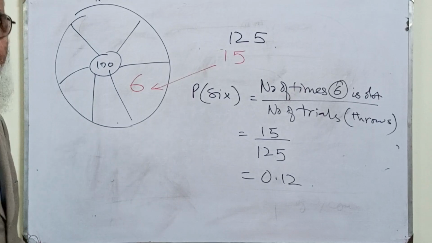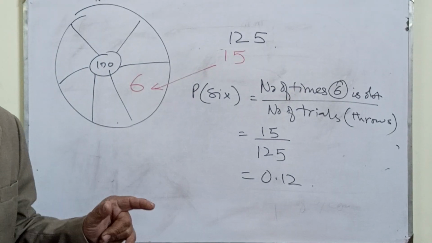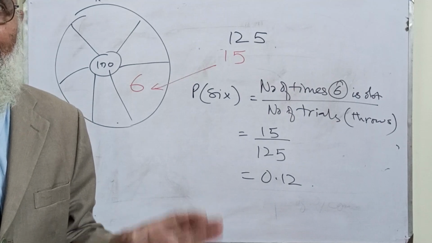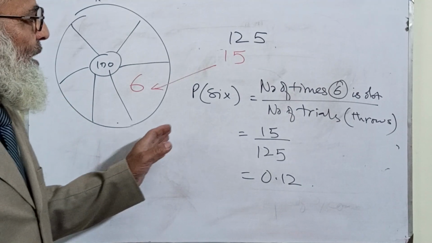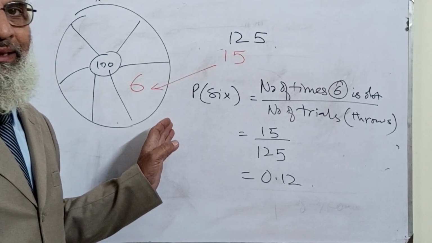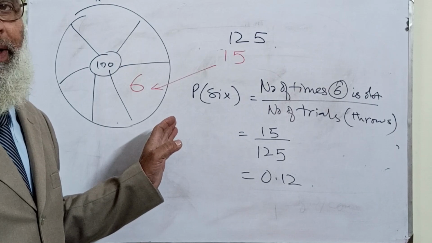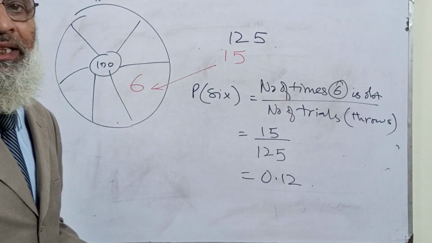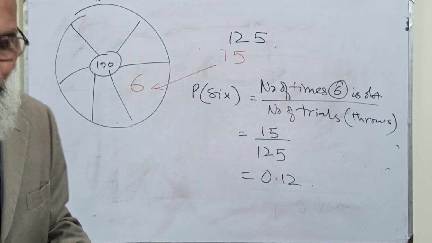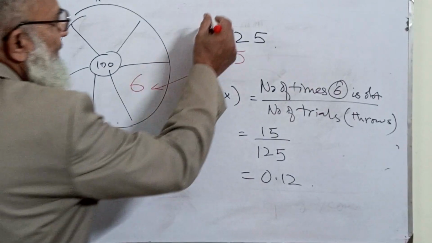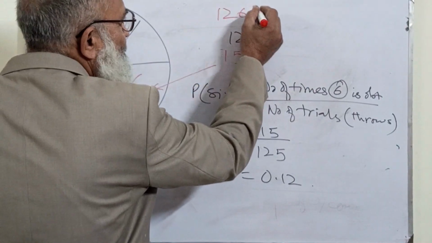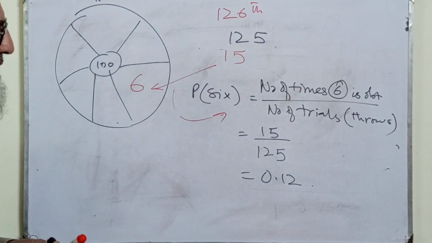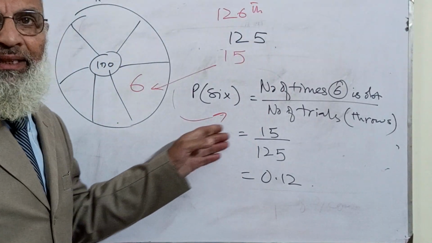And now it is the most important feature of the question which has been asked to you. The next line is, what is the probability that in the 126th throw, he will hit 6?